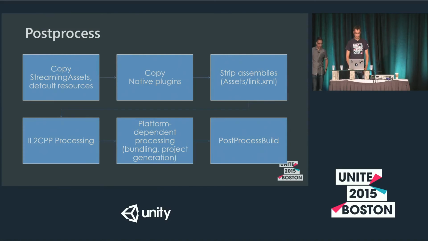In the case of the IL2CPP scripting backend, for example on iOS and WebGL, we can go further and not include in the build whole engine subsystems if they are not used in the game. For example, if you don't use physics, your binary size could be much, much smaller, and you have actually a double win: your distribution size is smaller, and your generated code size is smaller, so you use less memory on the device.